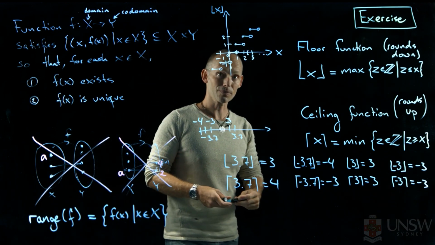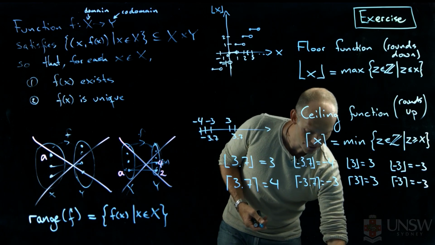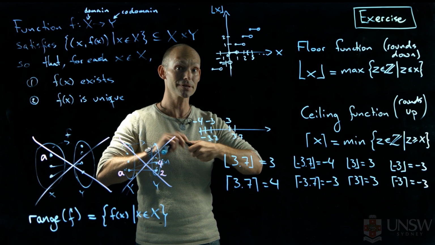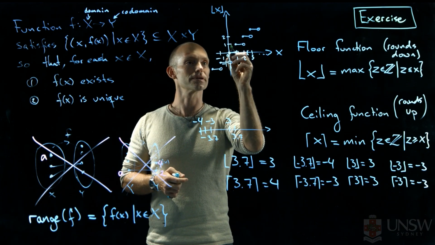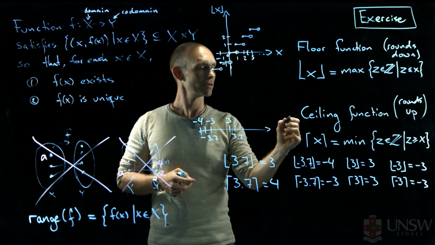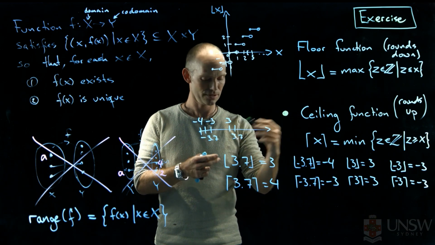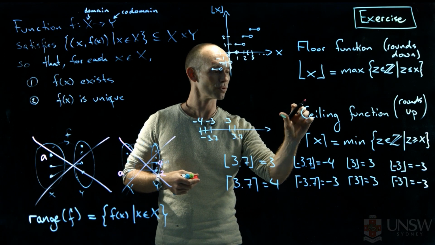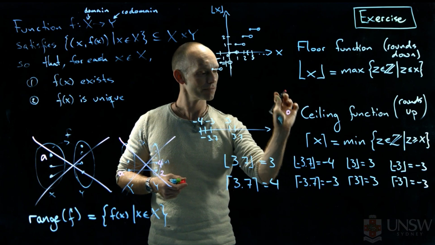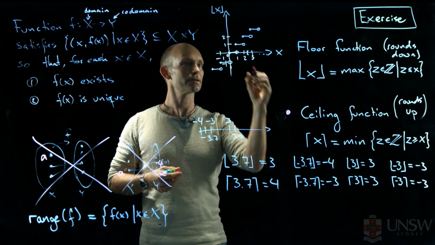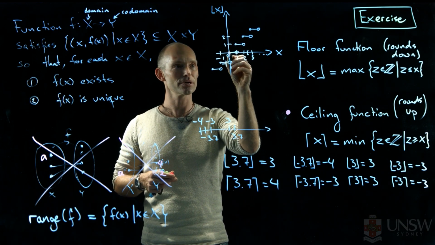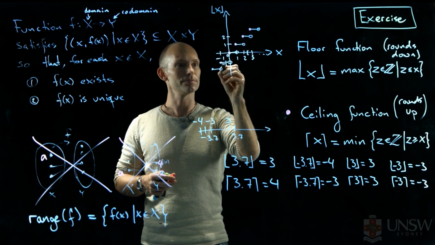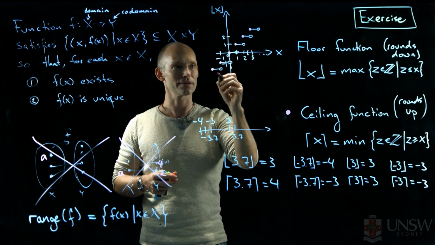Now we might as well use the same diagram to show the ceiling function. Here we're rounding up. So here, if you can see this different color, let's use pink. That's a bit more visible here. And so pink, and then we'd have, okay, 0, we've again got the function values not changing if we're talking about integers.